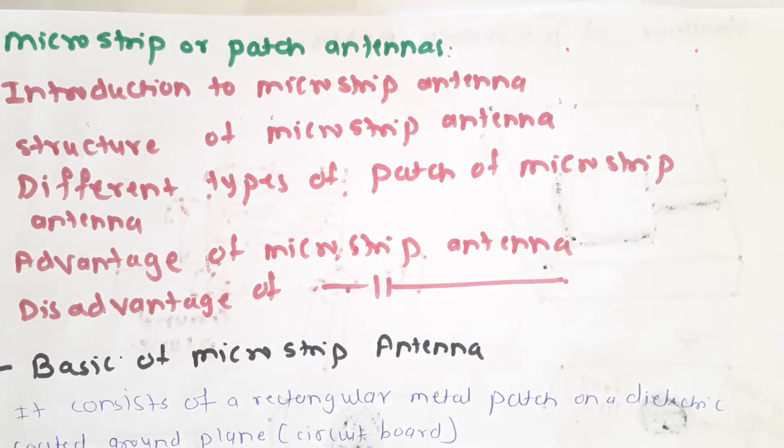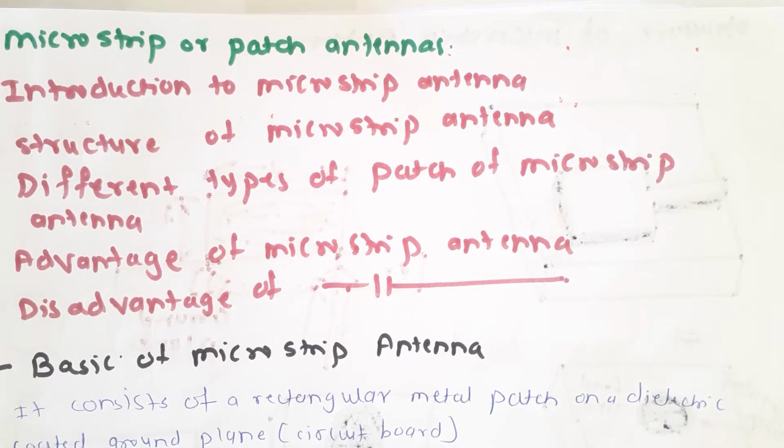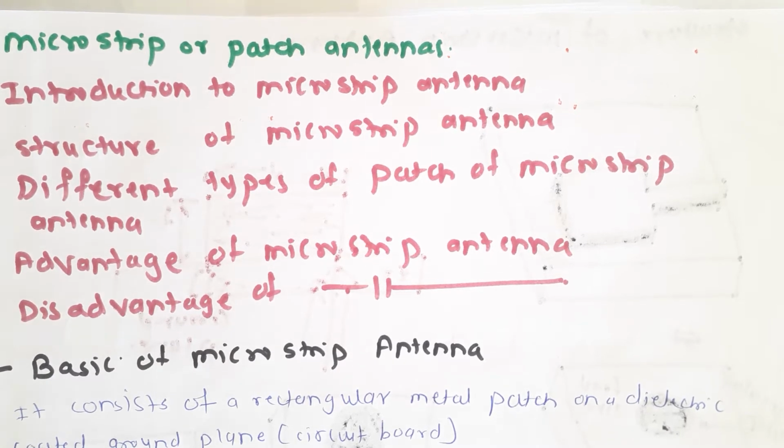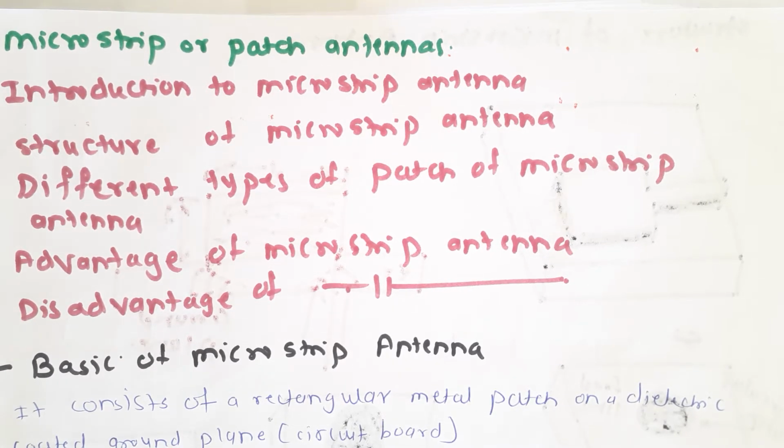Actually, the microstrip antenna is used in mobile communication, spacecraft, aircrafts, satellite communications. Generally, it is the most widely used antenna in day-to-day life. In mobile also, we use this antenna as a transmitter and receiver because for this antenna the size is less.